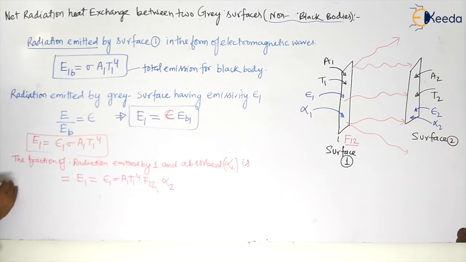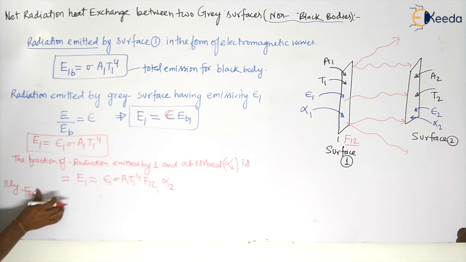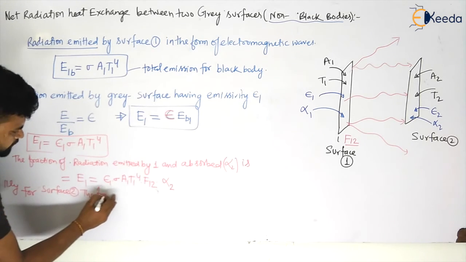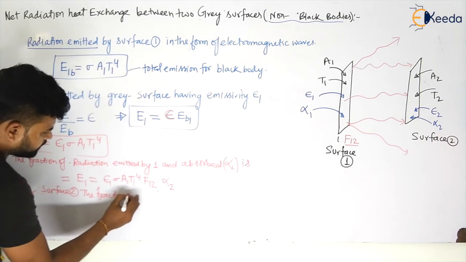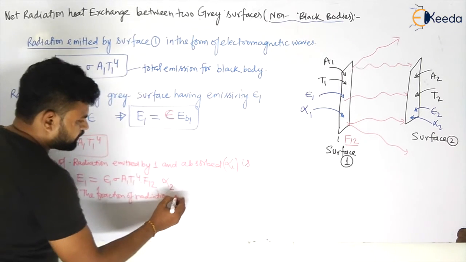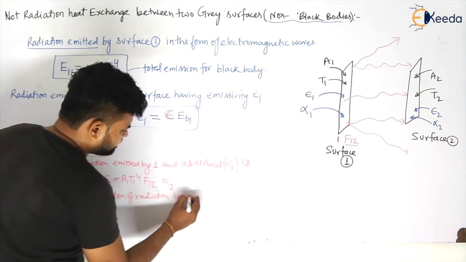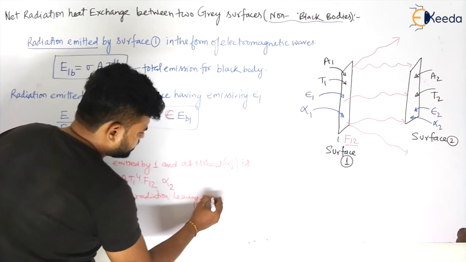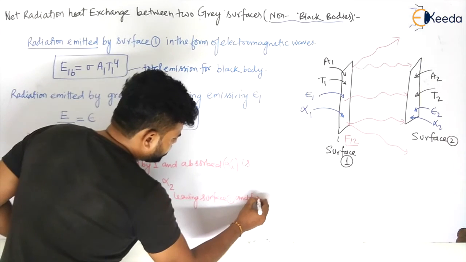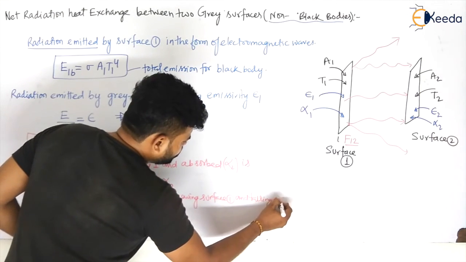Similarly for body 2 or surface 2, we can take the fraction of radiation coming out or leaving surface 1 and falling on 2, my dear students.